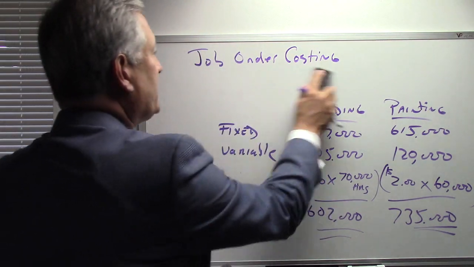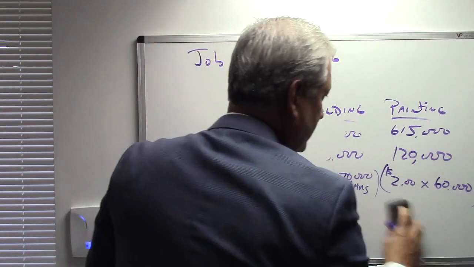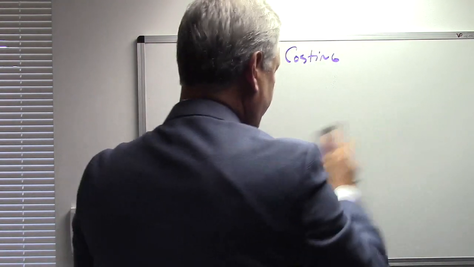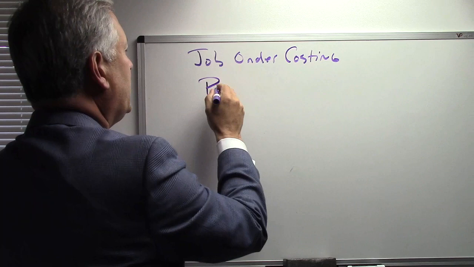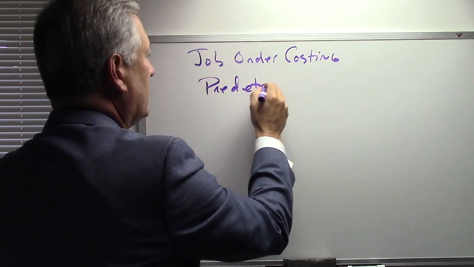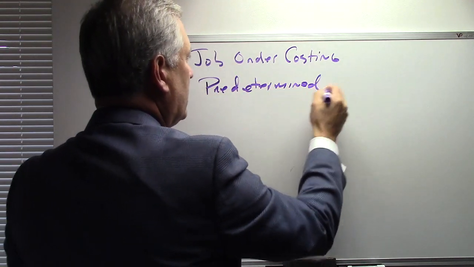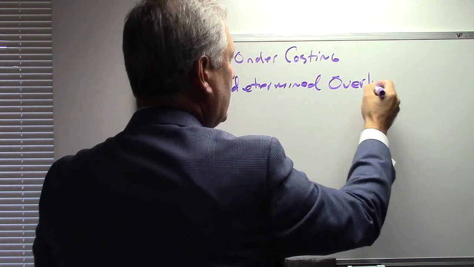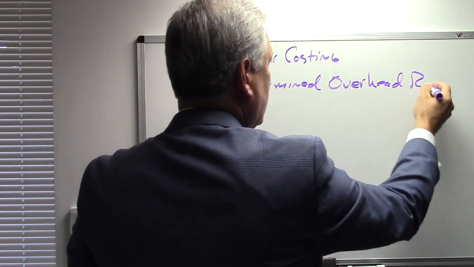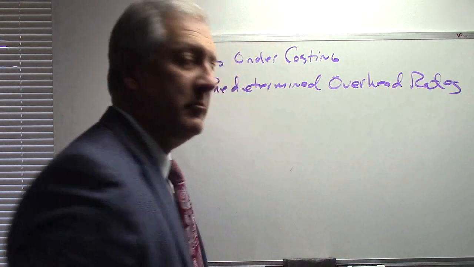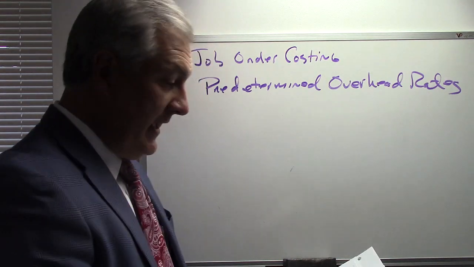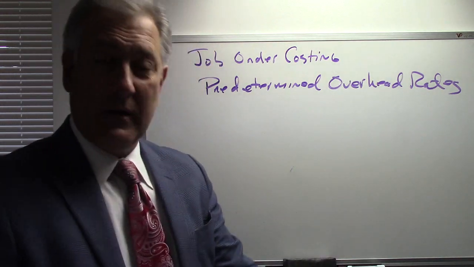The second portion is to calculate the predetermined overhead rates. And again, that formula is what?